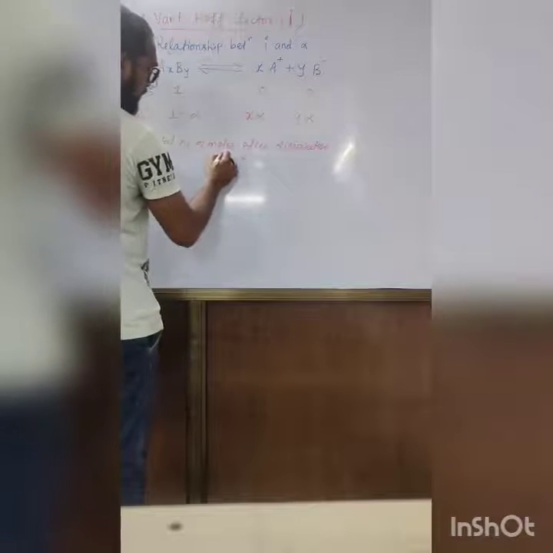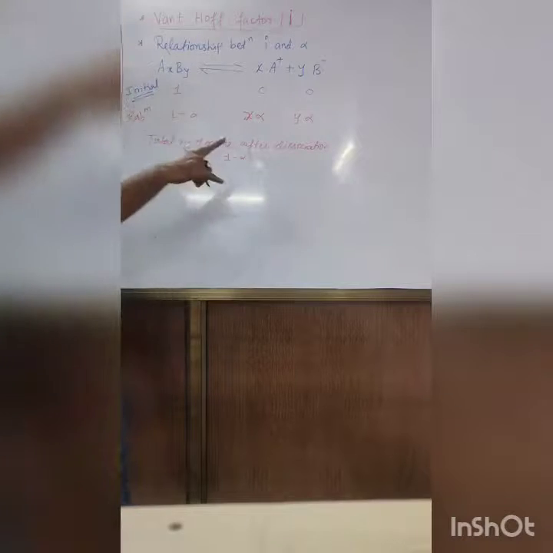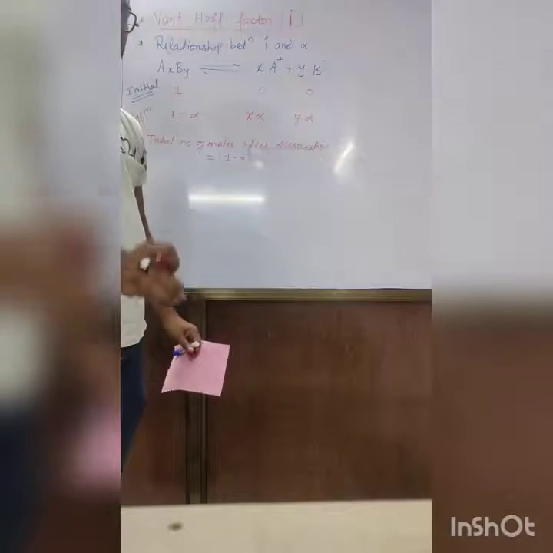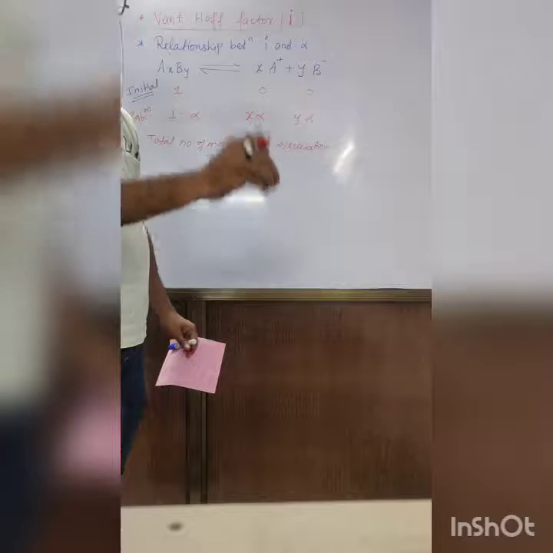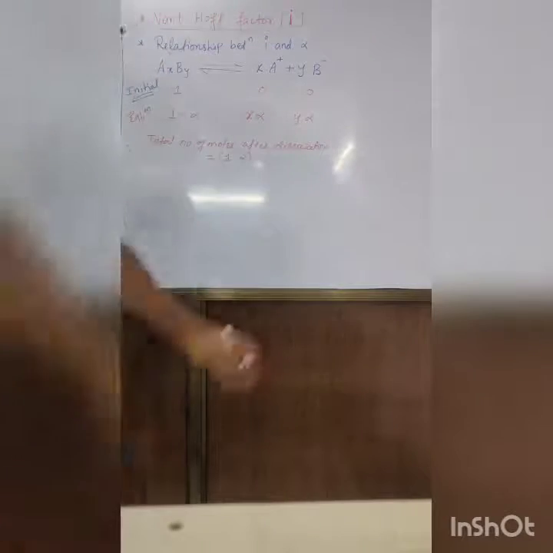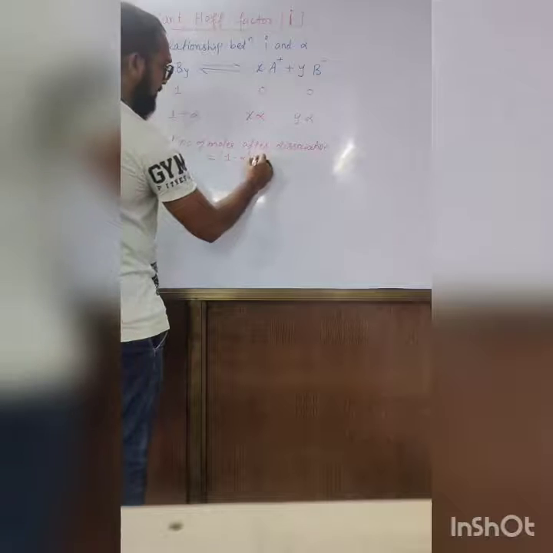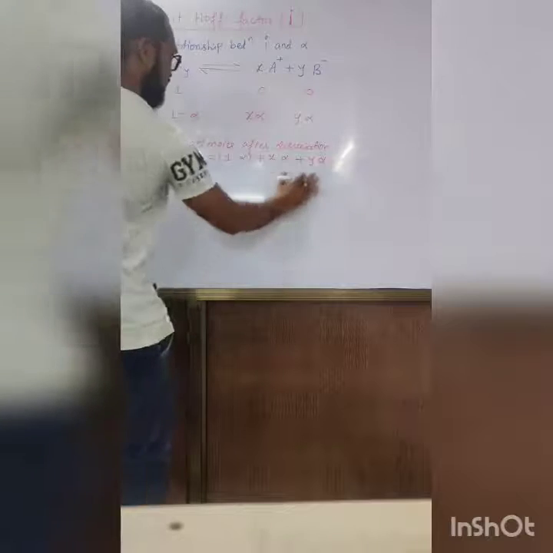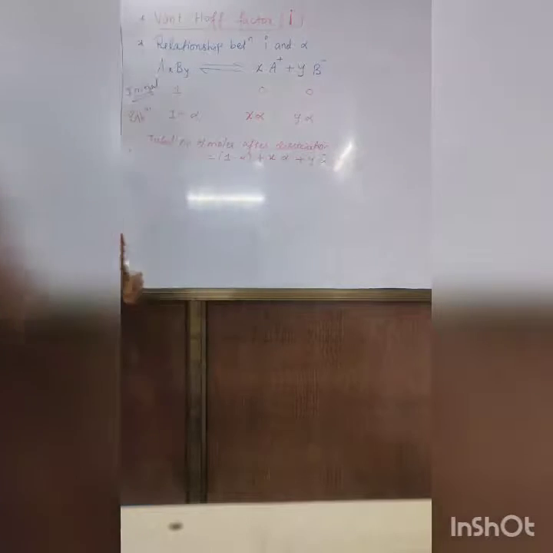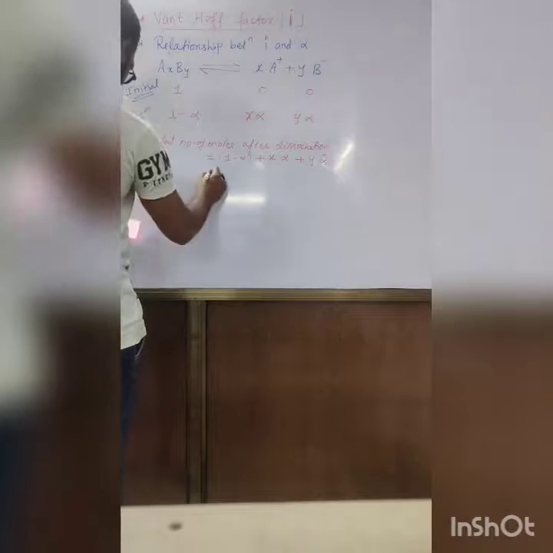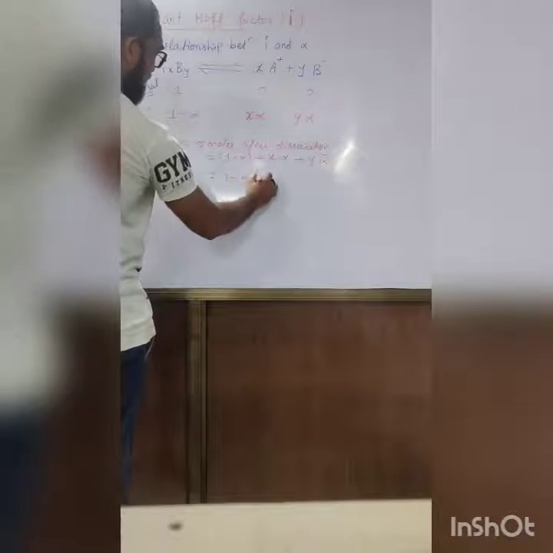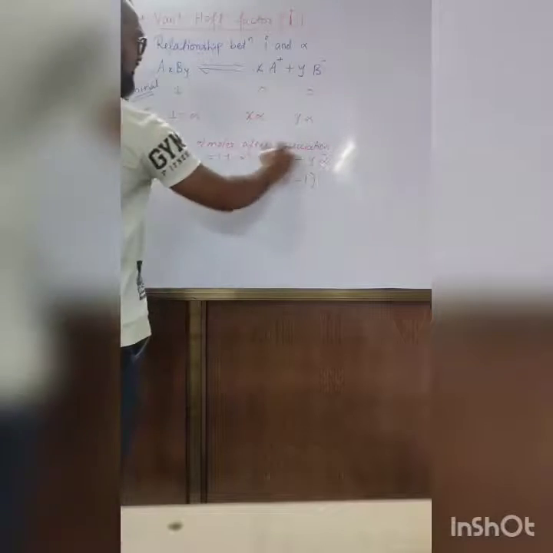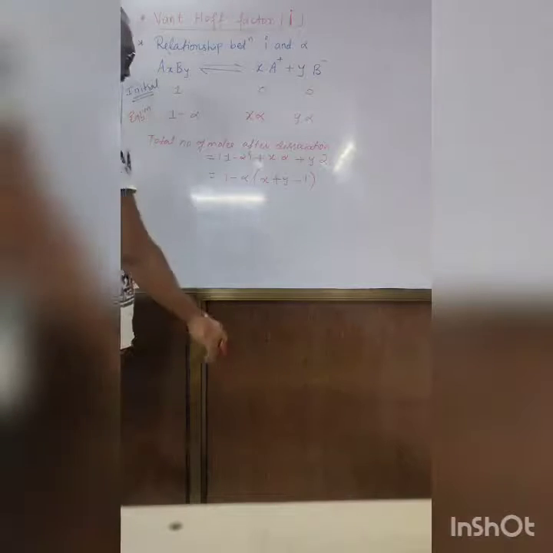So the total number of moles after dissociation means in a solution there will be the presence of undissociated as well as dissociated solute. So here 1 minus alpha plus x alpha plus y alpha. We take the common alpha: 1 minus alpha plus alpha times (x plus y).